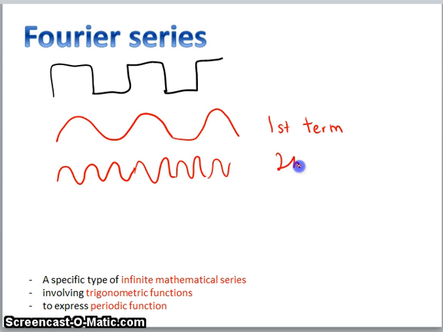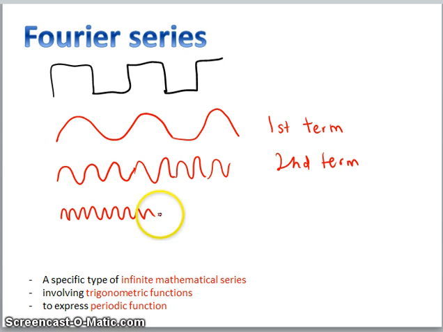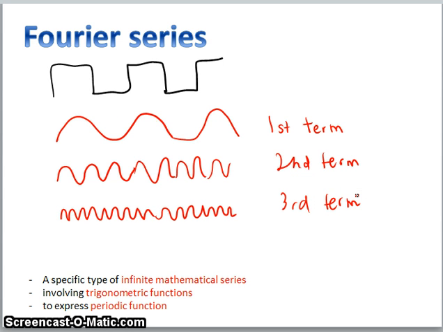Okay, and I put it like this. And if I continue with the third term, say I have this one. Okay, so this is the third term. So what I'm going to do is I will add all these terms until infinite term.